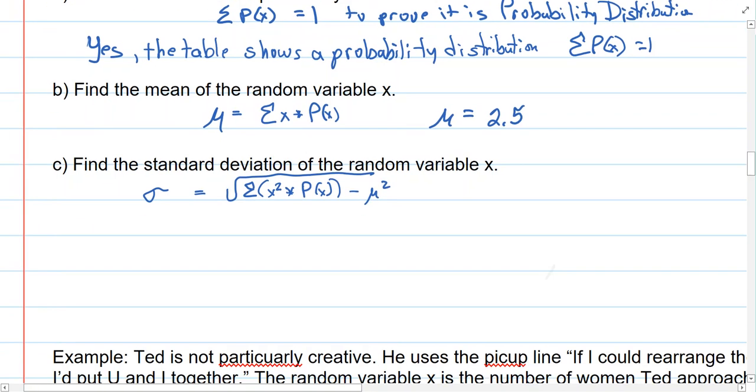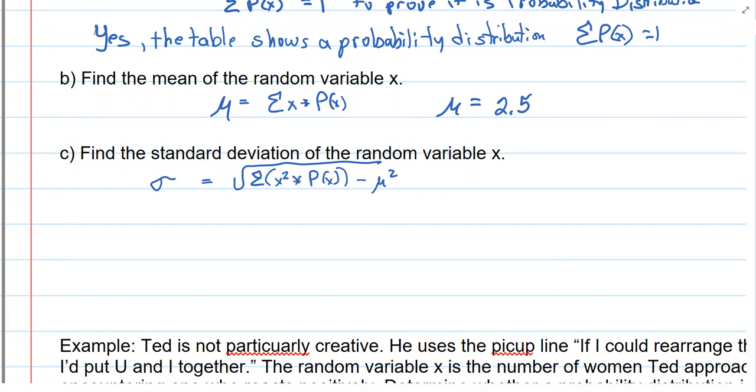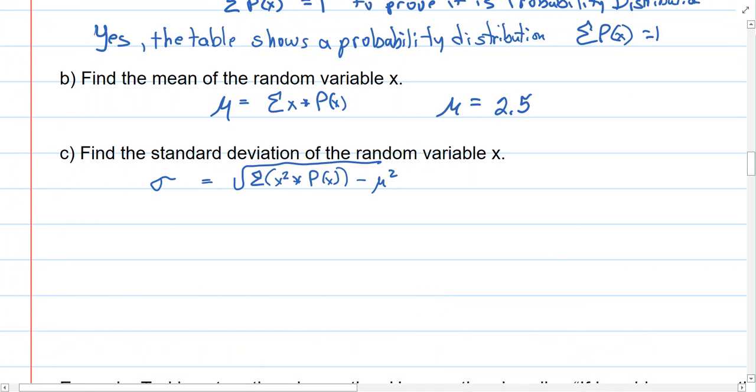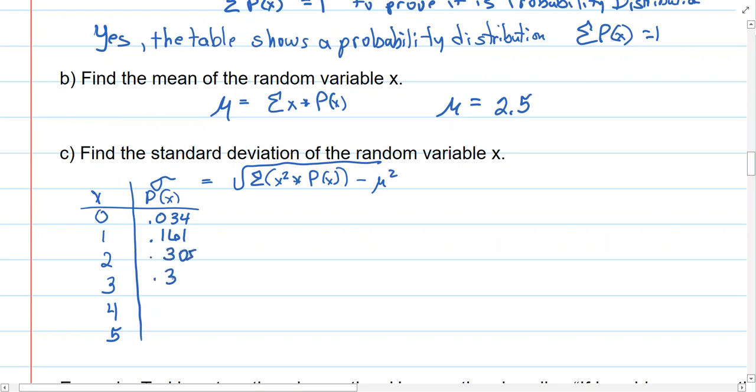So let's make a little table here. Our x is 0, 1, 2, 3, 4, and 5. Then our p of x is decimal 034, decimal 161, decimal 305, decimal 305, decimal 161, decimal 034.